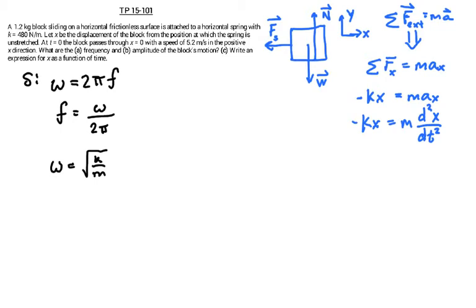So now you're starting to see that we have a differential equation. Let me reformat it. So we have a second order, linear, homogeneous differential equation.